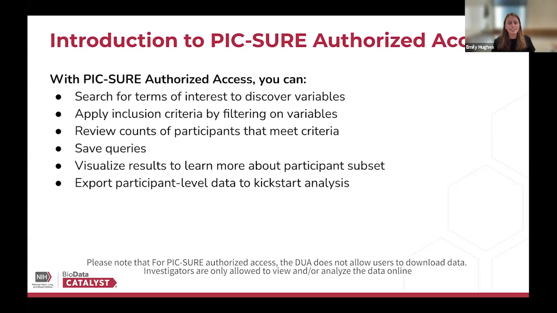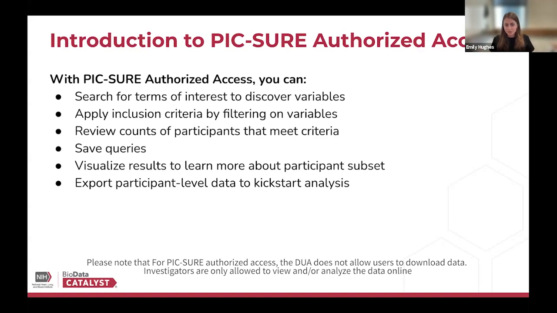Once you find a variable, you can apply filters or inclusion criteria and narrow down or select a cohort of participants. Once you create the cohort, you can review the counts of participants that meet the criteria you've specified. And once you have shaped your cohort and applied all the necessary inclusion criteria, you can save your query or cohort to go back to in the future.